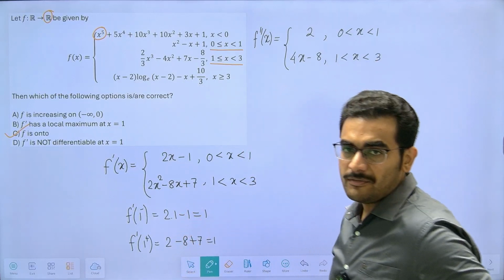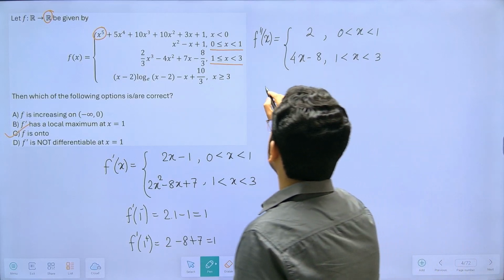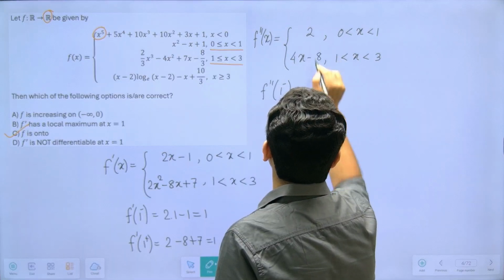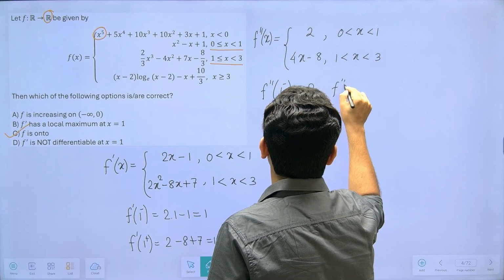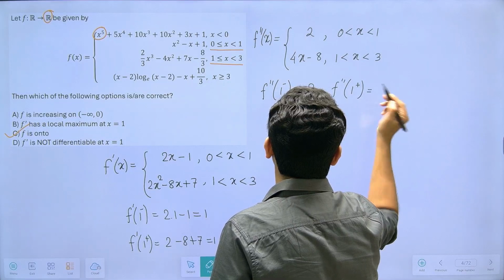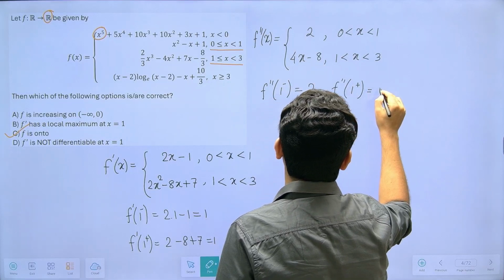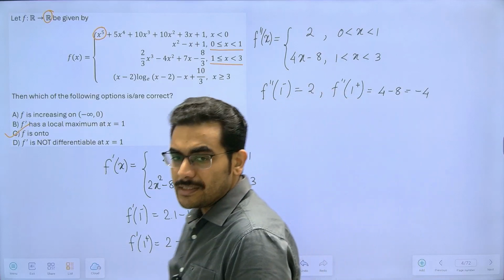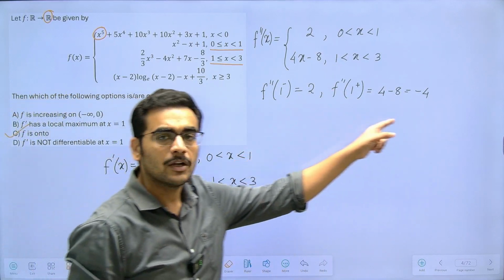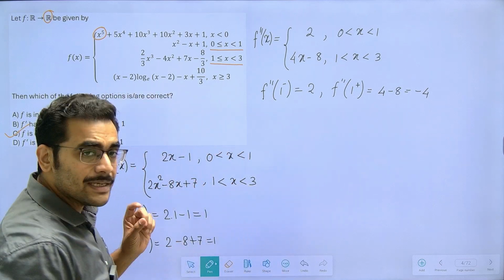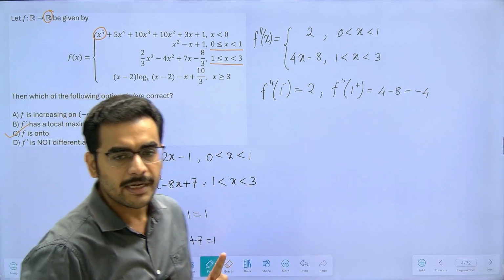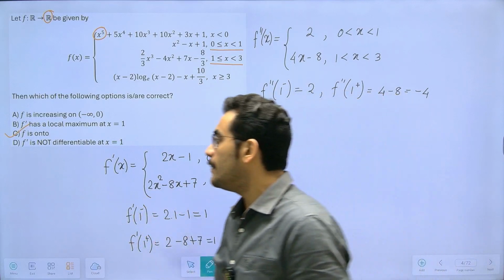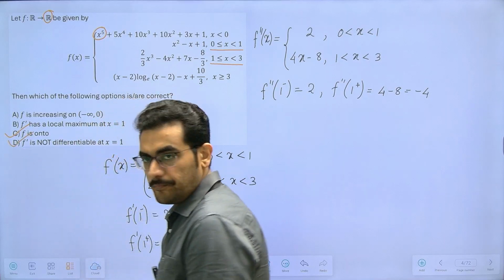Now for the double derivative, if you check the limiting values, f double dash 1 minus, to the left the limiting value is 2, and f double dash 1 plus, the right tendency, we substitute 1 here, so it will be 4 minus 8 equal to minus 4. Since the limiting tendencies are not equal, the double derivative is not continuous. So in this case the single derivative is not differentiable. So option D is correct.